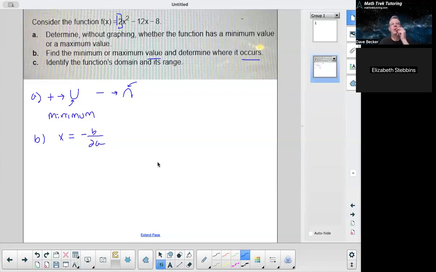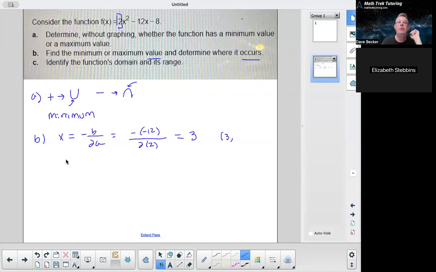So then this would be negative 12 over 2 times 2, which would be 12 over 4, which is 3. So that's where it occurs, right? And then the actual value is when you plug it in.